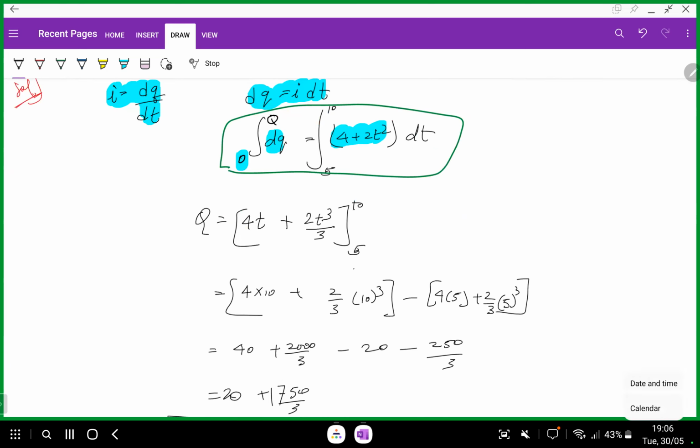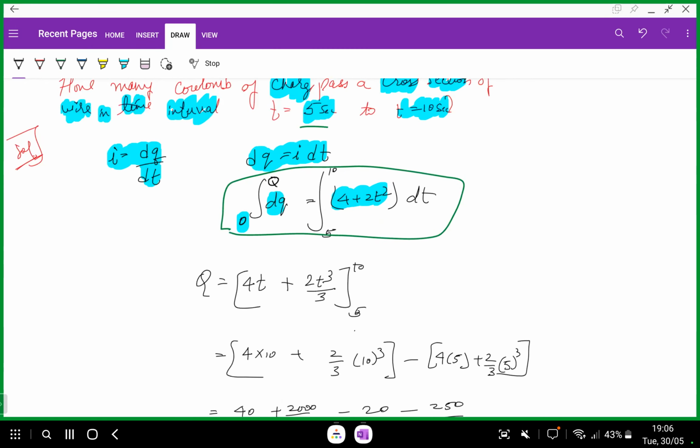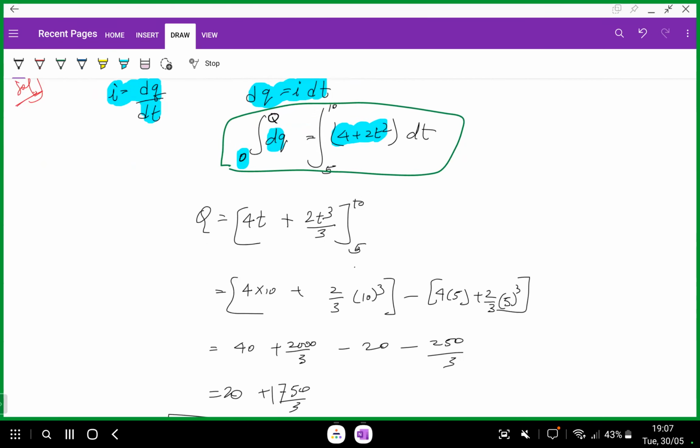Come on, make a note of it. Then substitute this 10 in place of t and 5 in place of t and subtract it. Come on, finish it. Finish the calculation part.